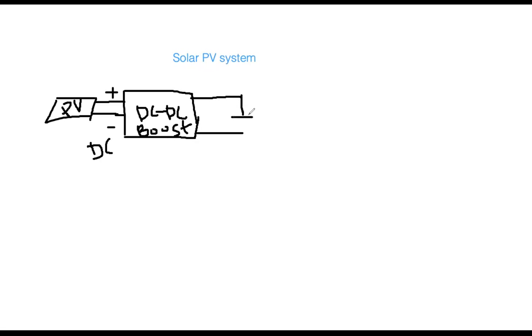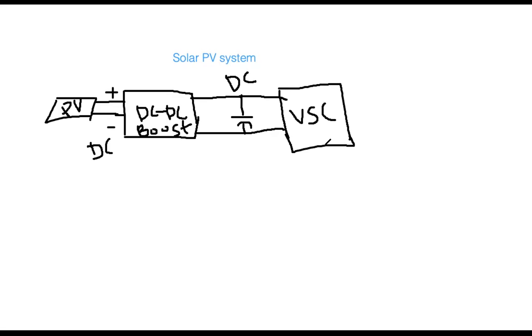And then right after that, there is a capacitor, which is called the DC link capacitor. Until this portion, still it is DC. After that, there is an inverter, but that is a VSC based, voltage source converter based inverter.